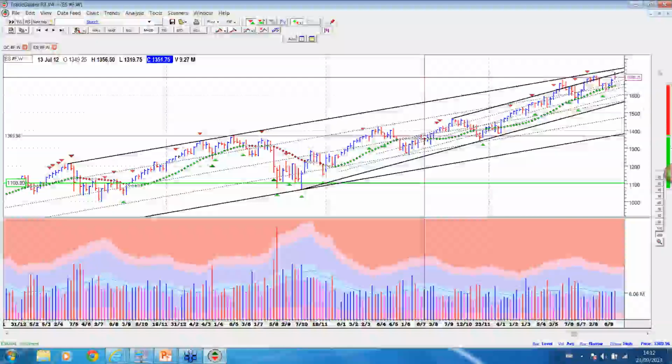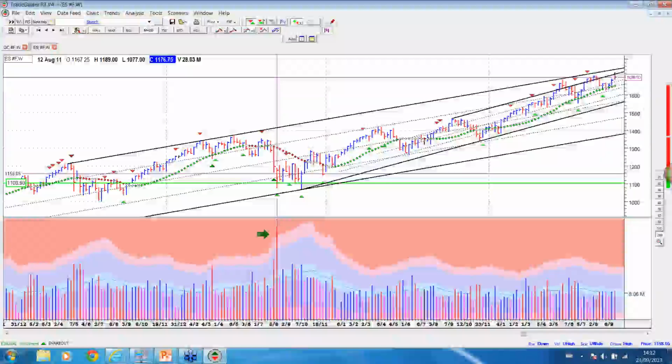Okay, so everyone is quite correctly pointing here. Okay. Now we'll notice first of all then, let's look at the date of this bar. 12th of August, okay, 2011. Now the market's plummeted.